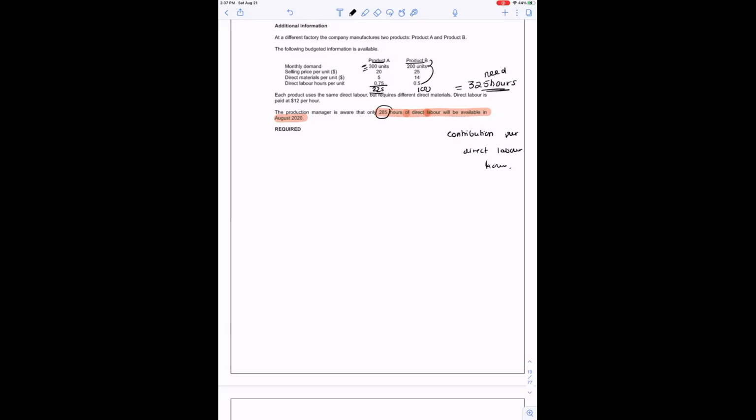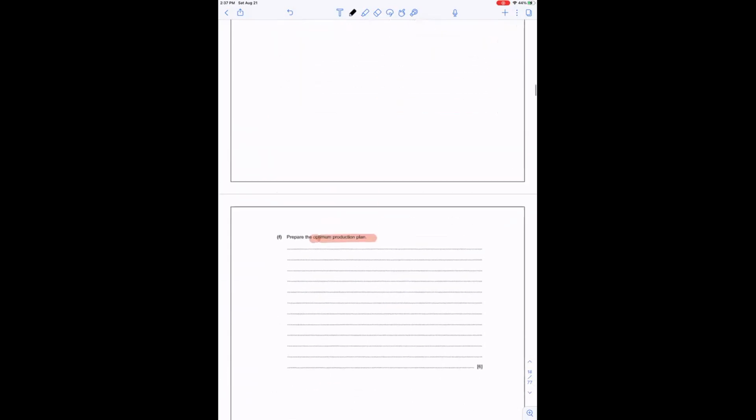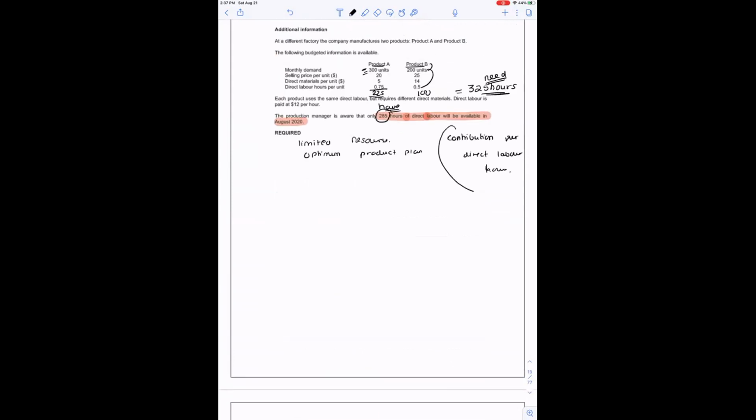That means you have limited resources. And with these limited resources, you have to calculate the optimum product mix, optimum product plan. Which product to be ranked higher in order to get the highest profit. In that case, you will calculate the contribution per the scarce resource that you have, contribution per direct labor hour.